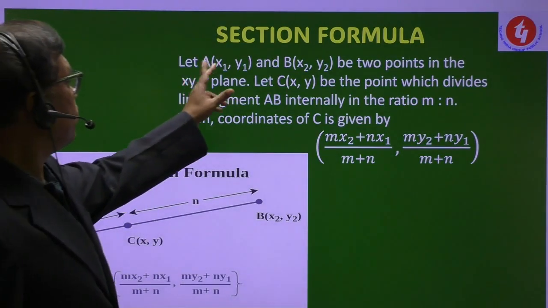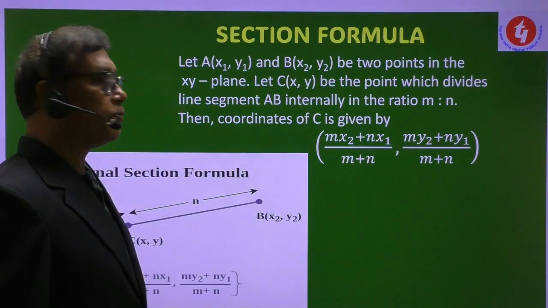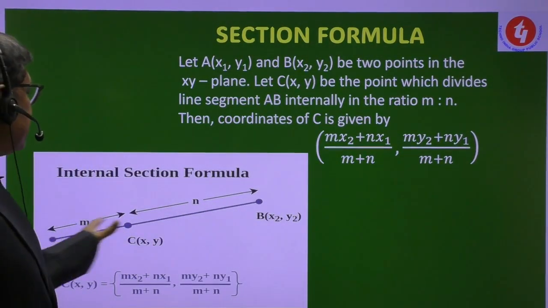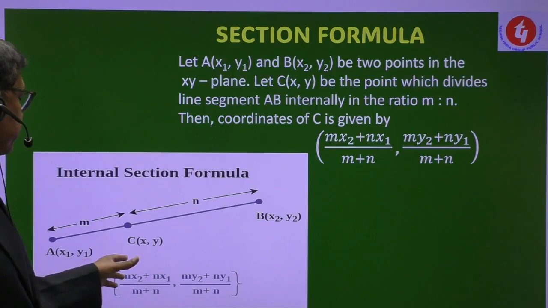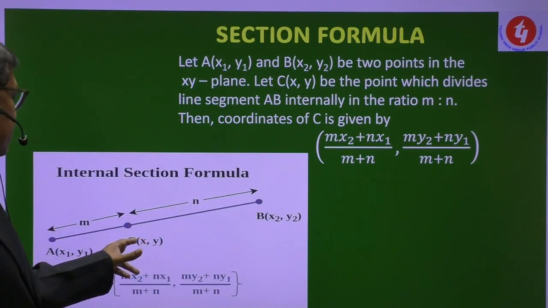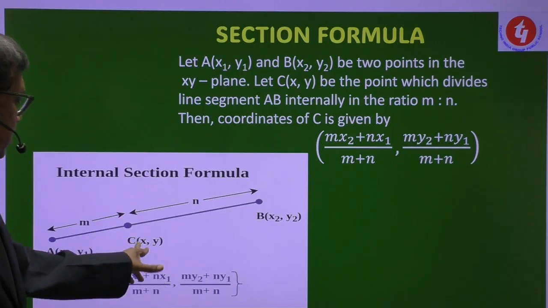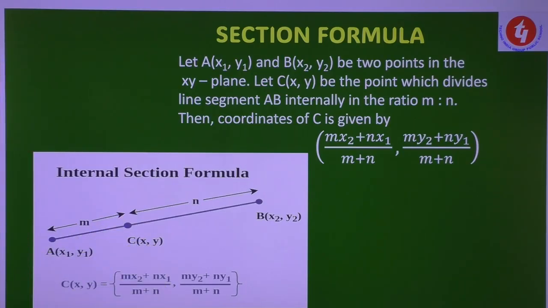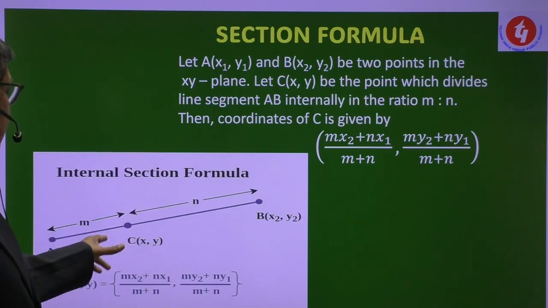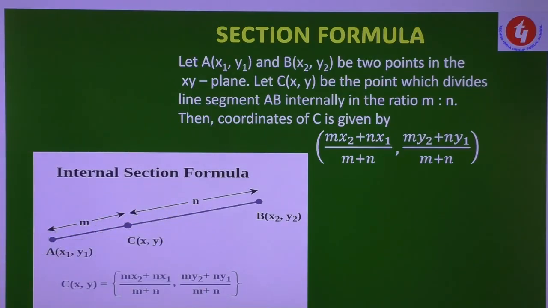Here 2 points A and B we have taken, whose coordinates are x1, y1 and x2, y2. So the line segment AB joining these 2 points we are getting, and this line segment is divided by another point C, whose coordinates I have taken here as x, y, and this segment AB is divided at C in the ratio m is to n internally.